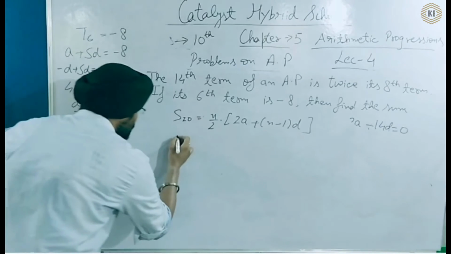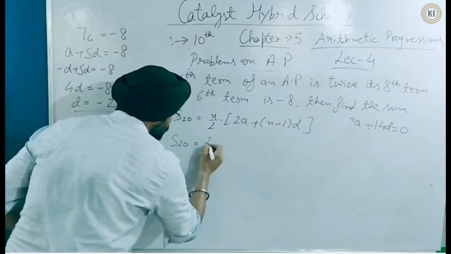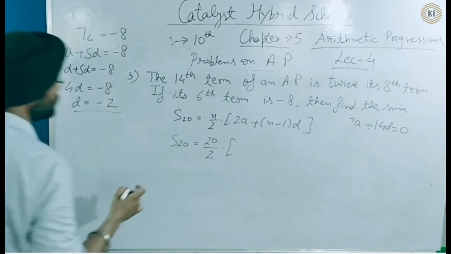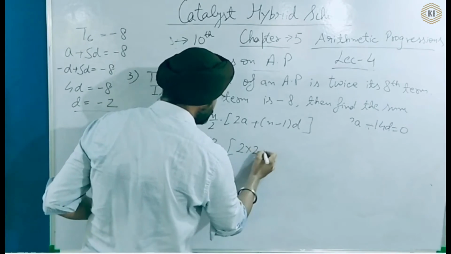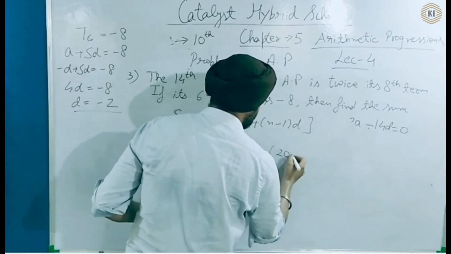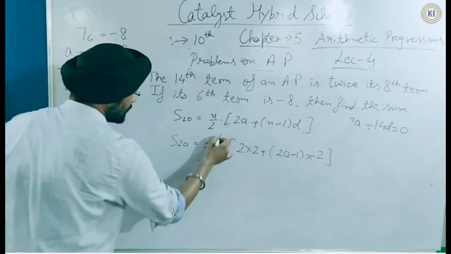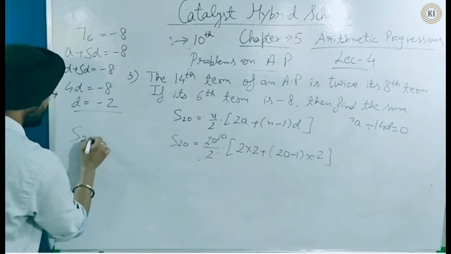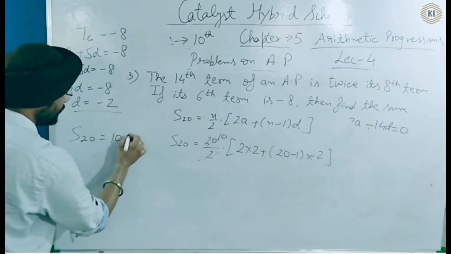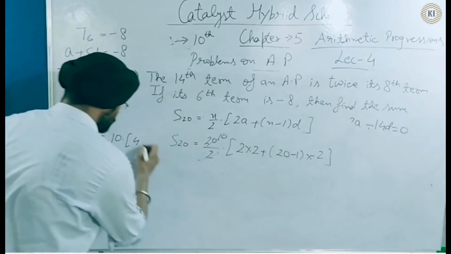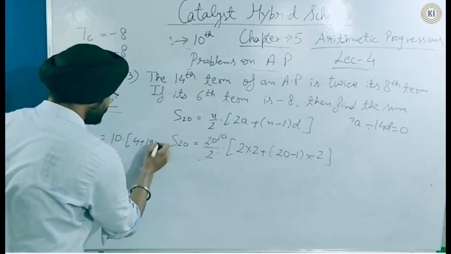So S of 20 will be equal to 20 by 2 into 2a. Value of a is 2, so 2 into 2 plus 20 minus 1 into d. Value of d is -2. Cancel from here. S of 20 is equal to 10 into 4 plus 19 into -2.